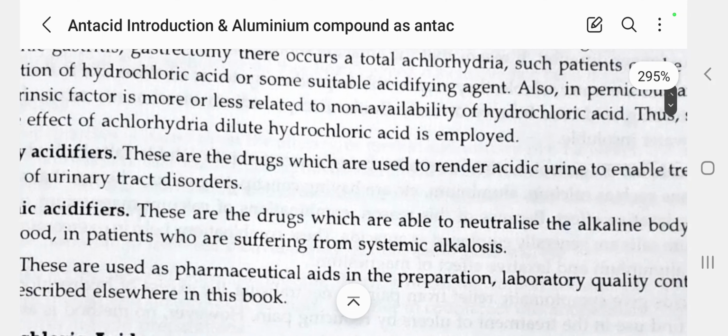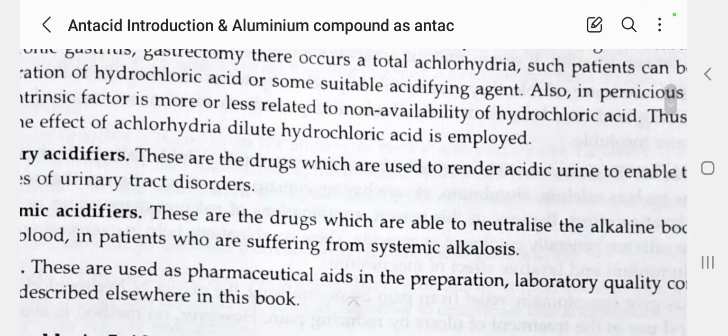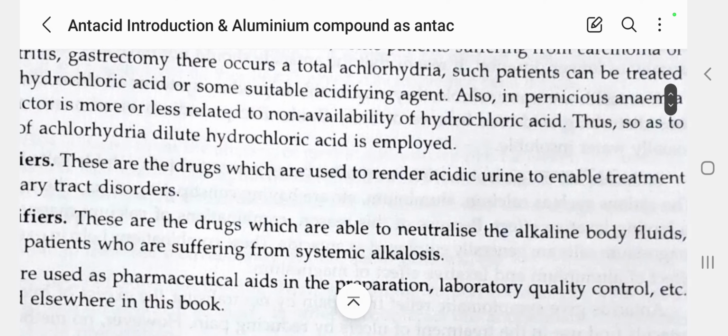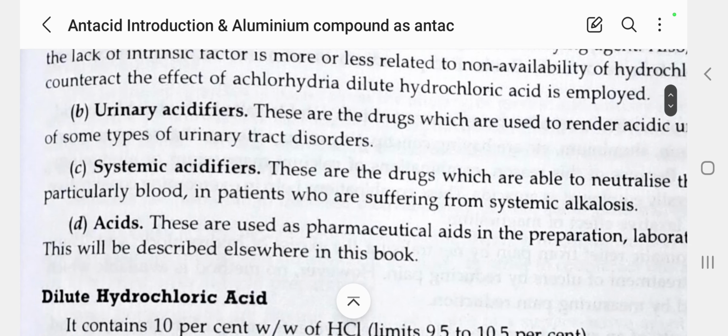So for a person suffering from urinary tract disorder, these drugs help to render acidic urine.